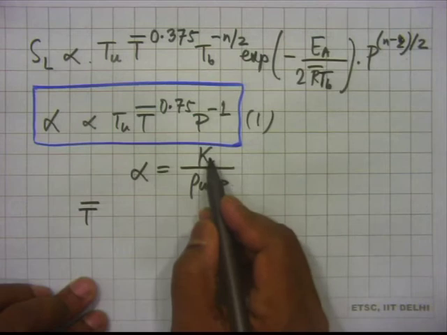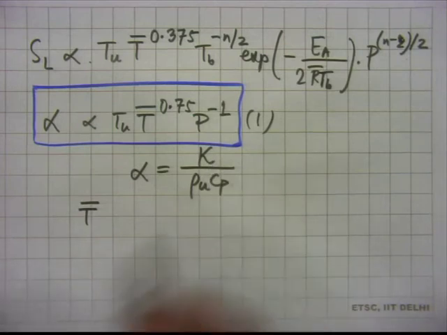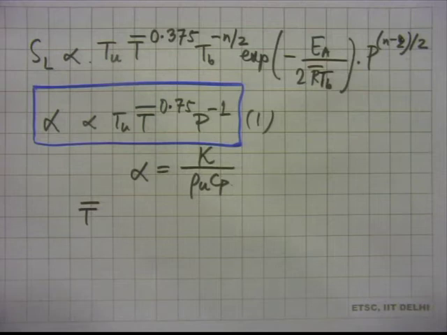So, the question is, how does K depend on, let us say, T bar? So, K, thermal conductivity, is really not strongly dependent on pressure. It depends primarily on temperature, and it is more like temperature to the power half. Okay. Now, this is for gases. For gases, thermal conductivity goes with temperature to the power half, and it is largely independent of pressure.